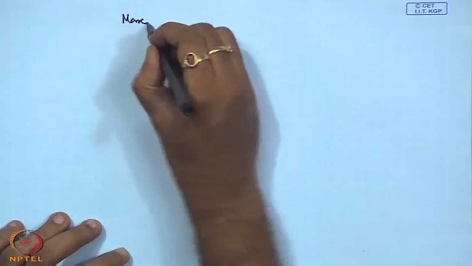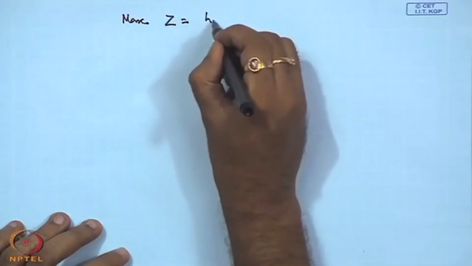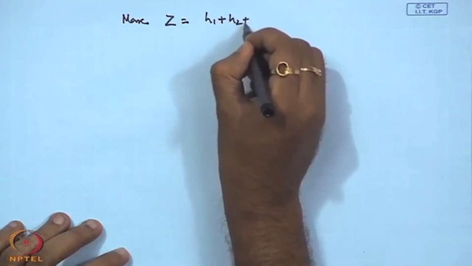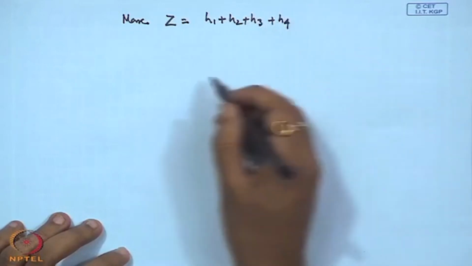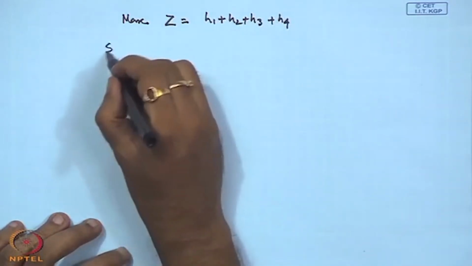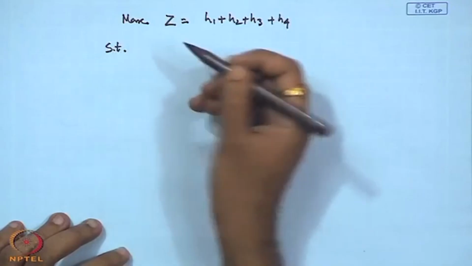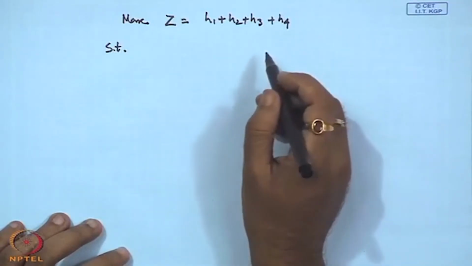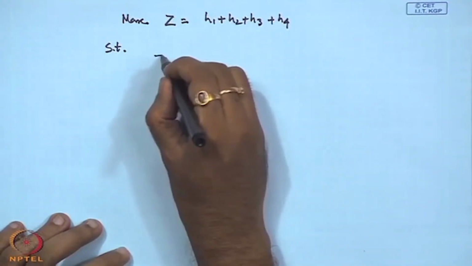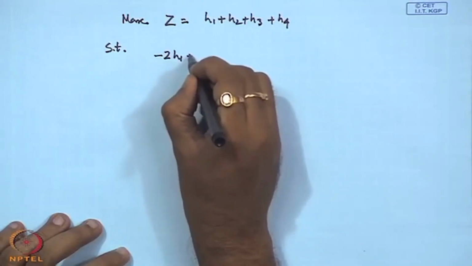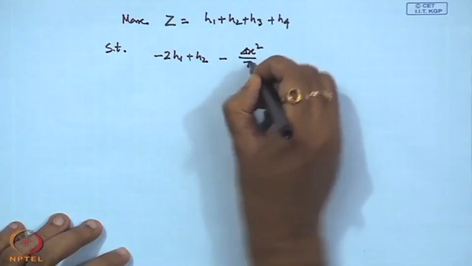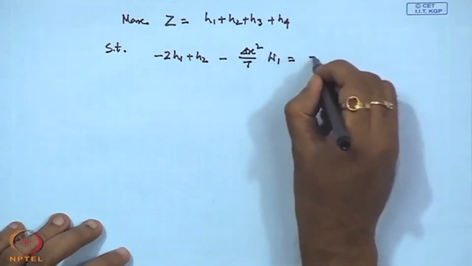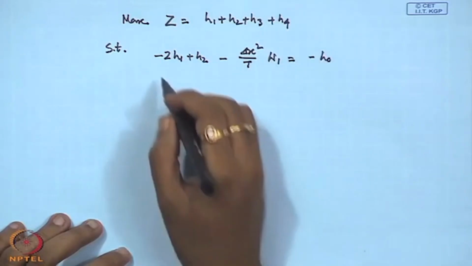maximize Z equals to H1 plus H2, H3 and H4, and this is subject to our finite difference equations, and that is minus 2 H1 plus H2 minus del x square by T W1 minus H naught.